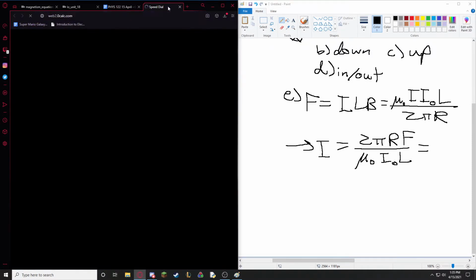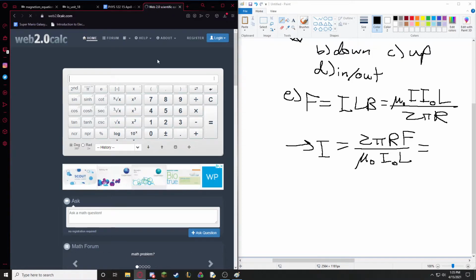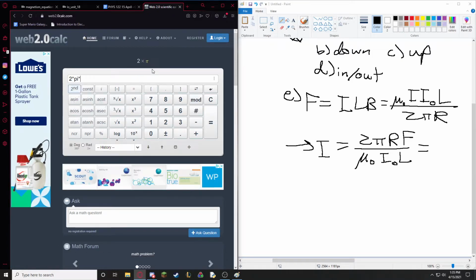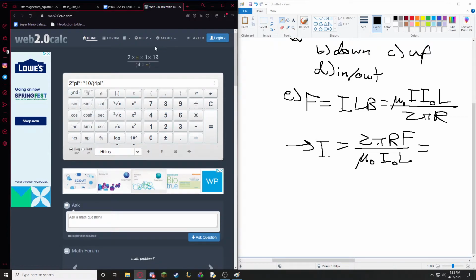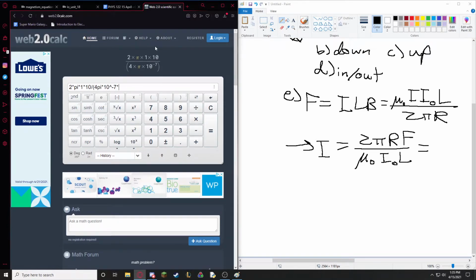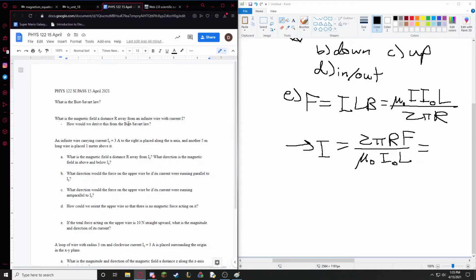And if we plug everything in, we have 2 times pi times our 1 meter times our force, which is 10 newtons, divided by, what's the value of mu naught? It's a constant. 4 pi times 10 to the negative 7. Yep, exactly. 4 pi times 10 to the negative 7 times our length of 5 meters times our current of 3 amps.